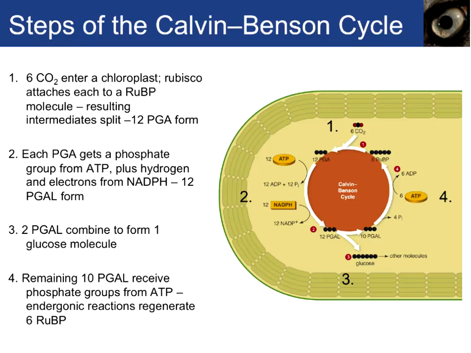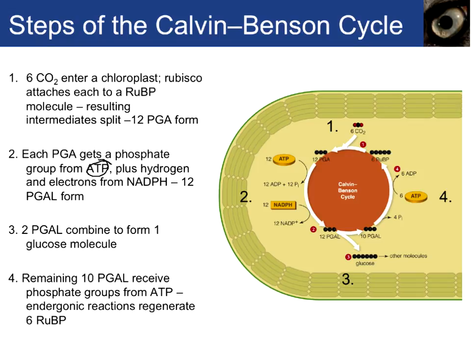Next, each PGA gets a phosphate group from ATP, and this is where the energy that was produced in the previous reactions comes in. So you need this input of ATP, plus hydrogen and electrons from NADPH, and 12 PGAL are formed. Then 2 PGAL combine to form 1 glucose molecule.